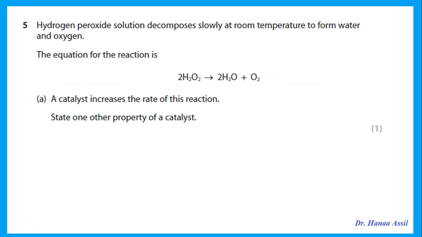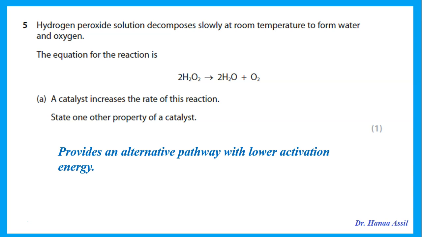Hydrogen peroxide solution decomposes slowly at room temperature to form water and oxygen, and this is the equation. A catalyst increases the rate of this reaction. State one other property of a catalyst. So we said catalysts increase the rate of the reaction and provide an alternative pathway that lowers the activation energy.